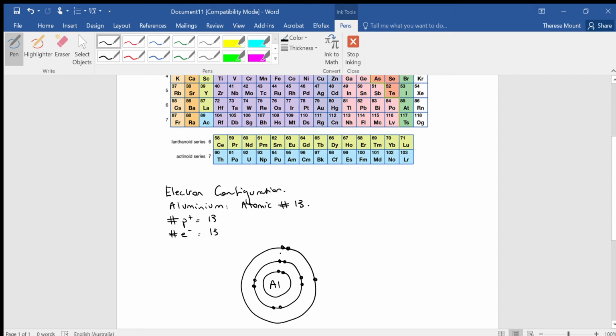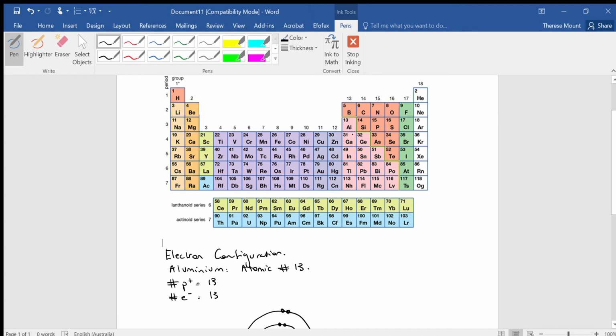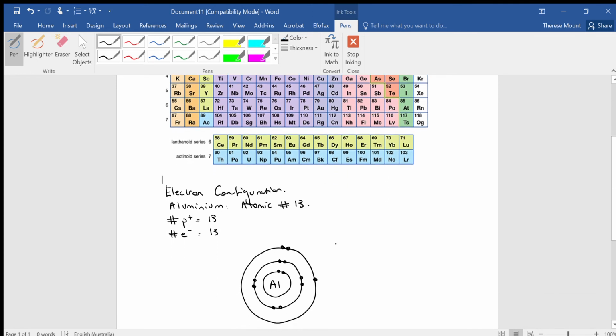Now let's just have a careful look at this diagram and how it relates to this periodic table here. Alright, so these things called valence electrons. These are speaking about the electrons which are in the outermost shell. So we can see that the third shell here is the outermost shell. So the electrons in this shell are called the valence electrons. So how many does aluminium have?